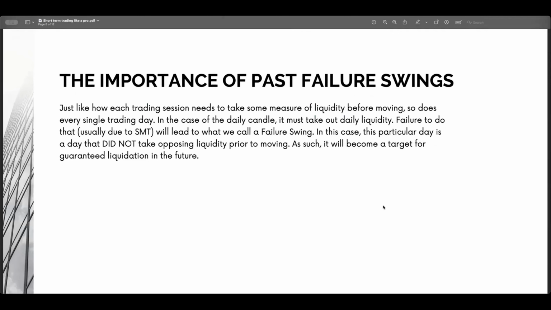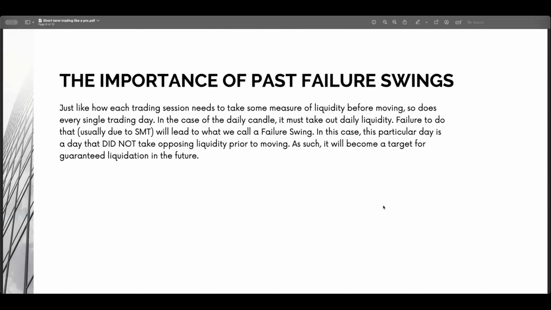Now, when we have SMT divergence, we have a correlated asset class that actually gives us a failure rate. Just like how each trading session requires some measure of liquidity before moving, so does every single trading day. In the case of a daily candle, it must take out daily liquidity.